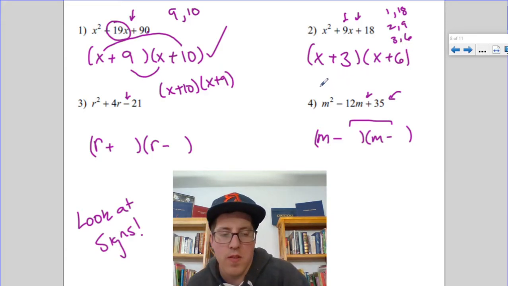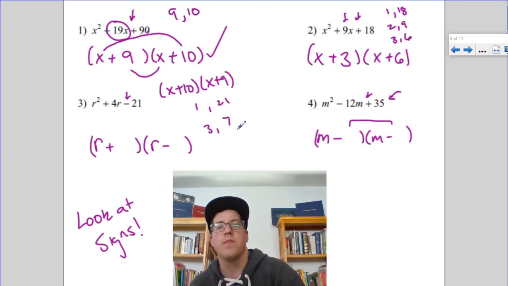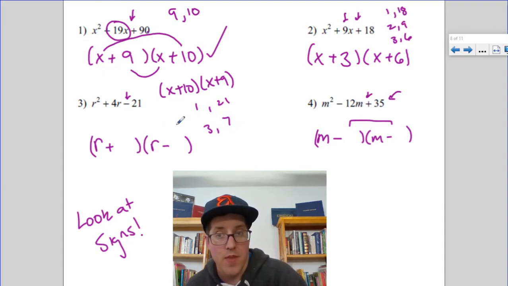For problem 3, it's a little bit more complicated because the things that multiply to make 21 are 1 and 21, and 3 and 7. But if I'm trying to think about it being negative 21, that's really 1 and negative 21, or negative 1 and positive 21.